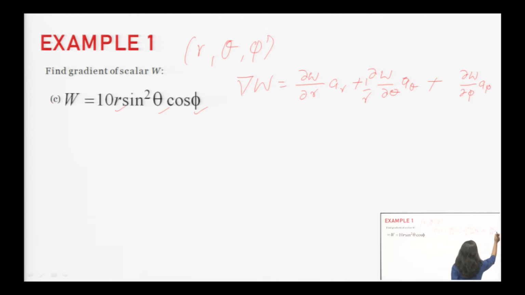a phi. Suppose in any spherical coordinate system, this is the Cartesian coordinate xyz, and we will make a sphere here.